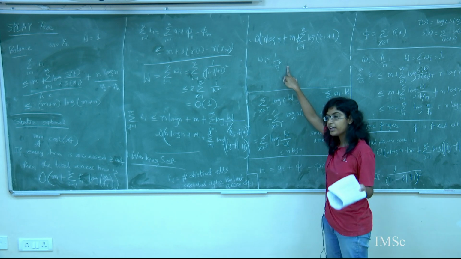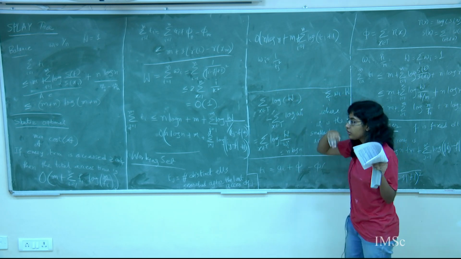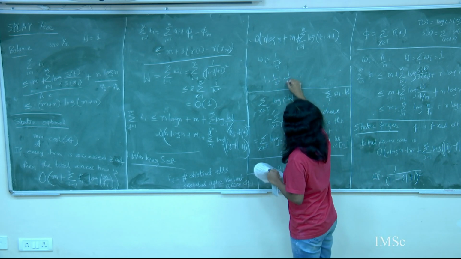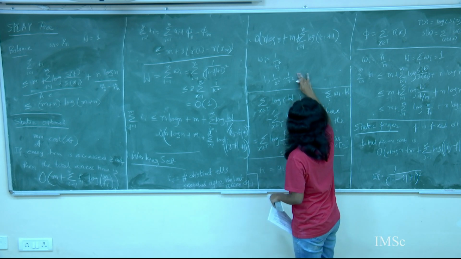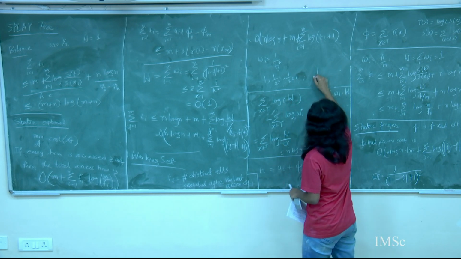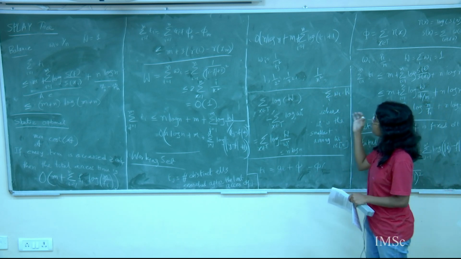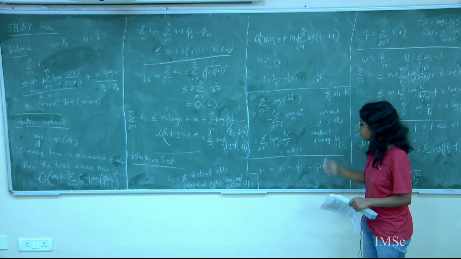The element before that will have 1 by 3 square. So the weights will be like 1, 1 by 2 square, 1 by 3 square, up to 1 by n square. And when you access some element, you will need to update the tj accordingly. So what will happen?